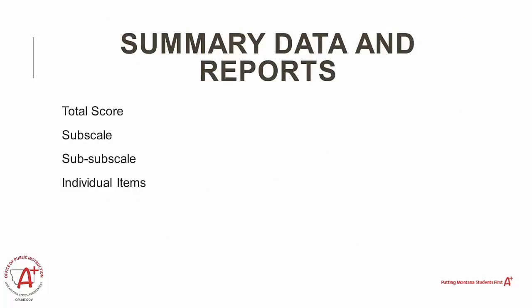When you're looking at the TFI, there are a whole bunch of different reports and data pieces to look for. The big one is, of course, your total score. And then you keep drilling down, and then you've got your subscales, and then your sub-subscales, and then all the way down to individual items. So this isn't a one-and-done kind of thing where you look at your big score and then move on to, oh, okay, this is what we got.